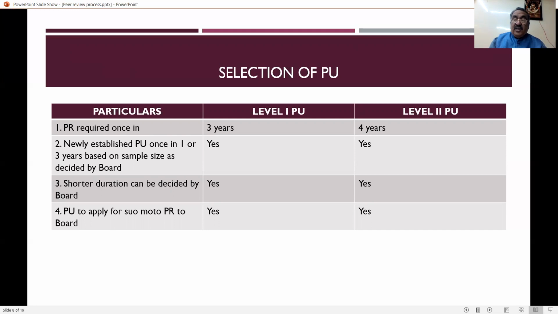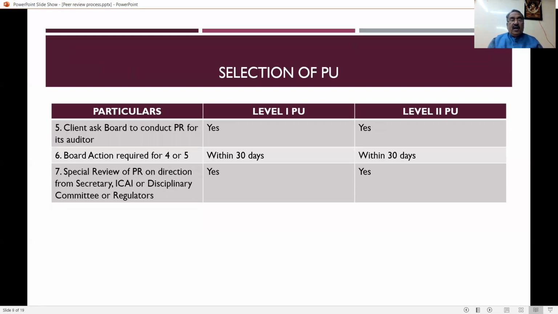Then the practice unit can also apply on its own. Sir, can you come and do the peer review? It is also permitted by the peer review board. And a client asks the board to conduct peer review. Suppose your client asks the board, that is the peer review board, sir, can you conduct the peer review for my auditor? Yes, that is also permitted.